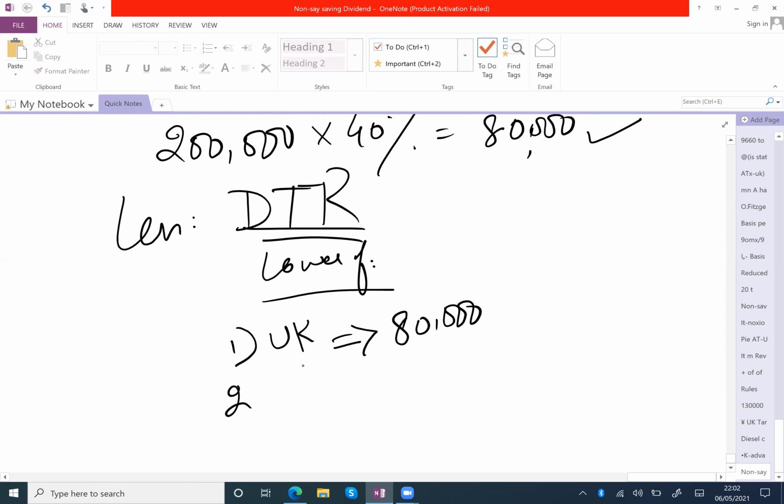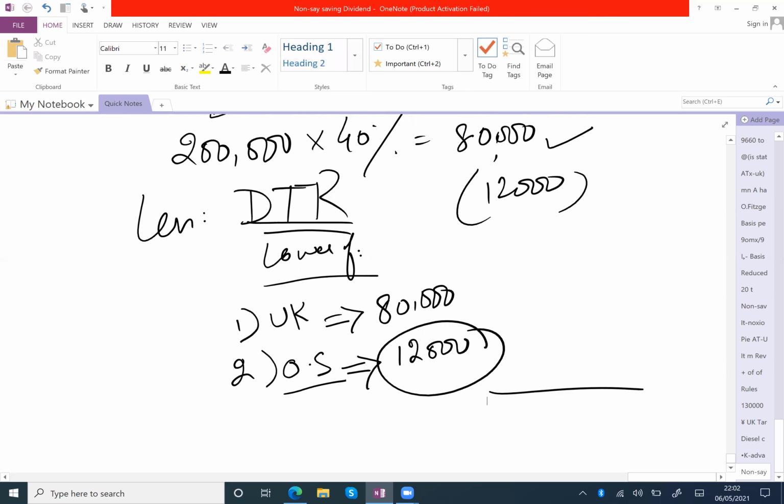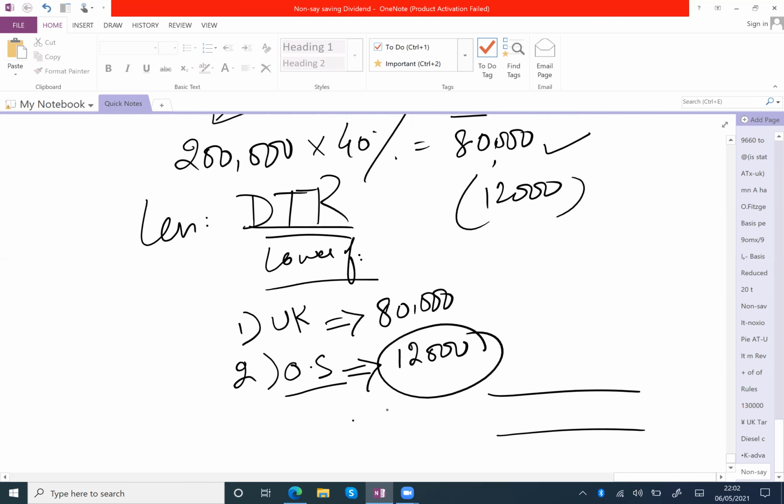And number two, overseas tax on that asset, you paid 12,000 overseas tax. Choose the lower of, 12,000. It will become your DTR relief deducted from 80,000. And what is the IHT payable? IHT payable is 68,000. So that's how you will pay the IHT on overseas asset.